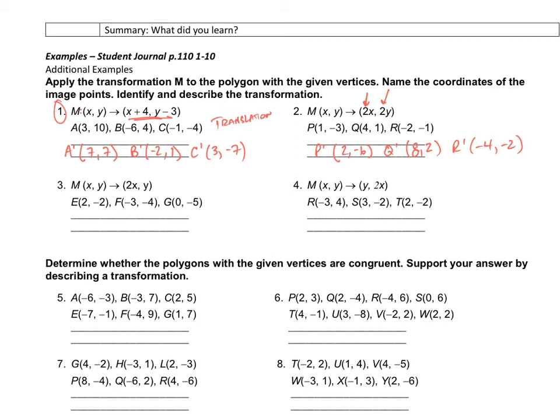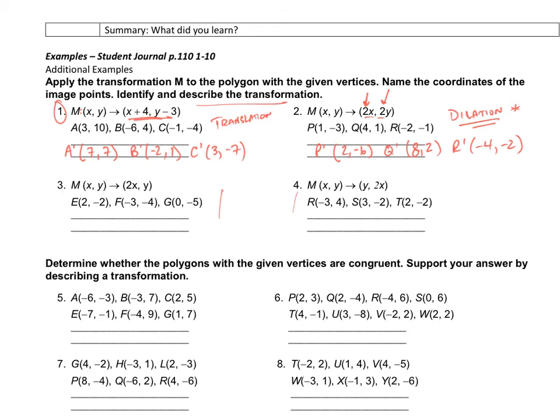Now it says, describe the transformation. Well, this is a dilation. And again, we will talk more about this later, but whenever I'm multiplying, it's a dilation. And the fact that these are both twice keeps that consistent scale factor. Okay, so these are the same.